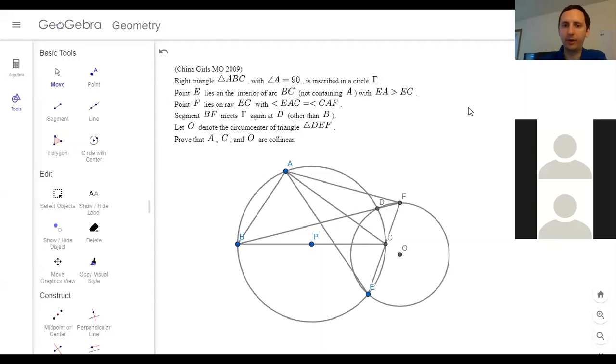I think it might be an angle chase to show that it's cyclic. Let's see. The in-center of AEF.